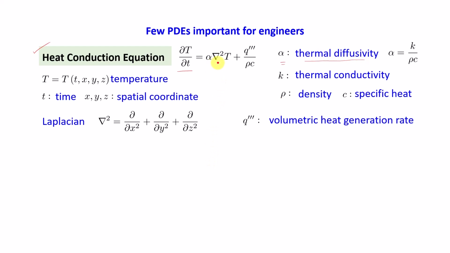Del square is a mathematical operator we call the Laplacian. It means del square T is del 2T del x2, del 2T del y2, del 2T del z2. This alpha is K by rho C, where K is the thermal conductivity, rho is the density, and C is the specific heat. This Q triple prime is the volumetric heat generation rate.